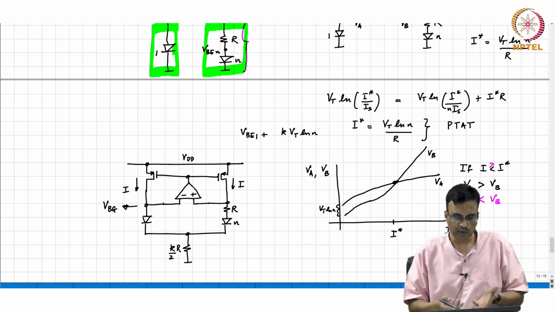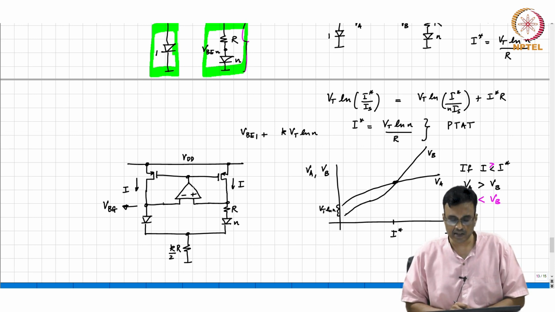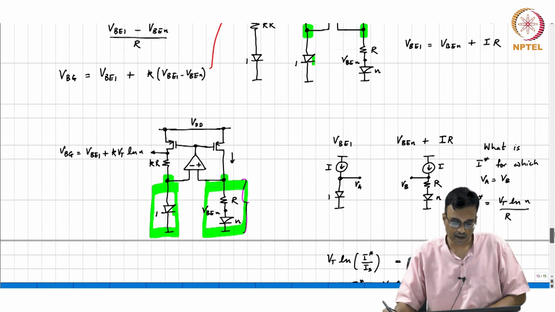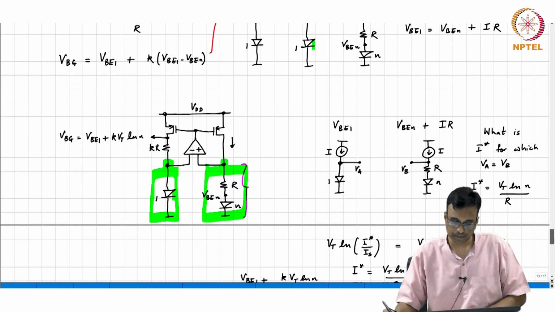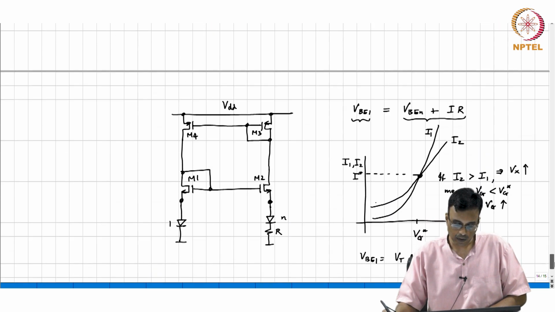So likewise for this also, here also the 0 current state is a stable operating point, right, and likewise here. Okay.